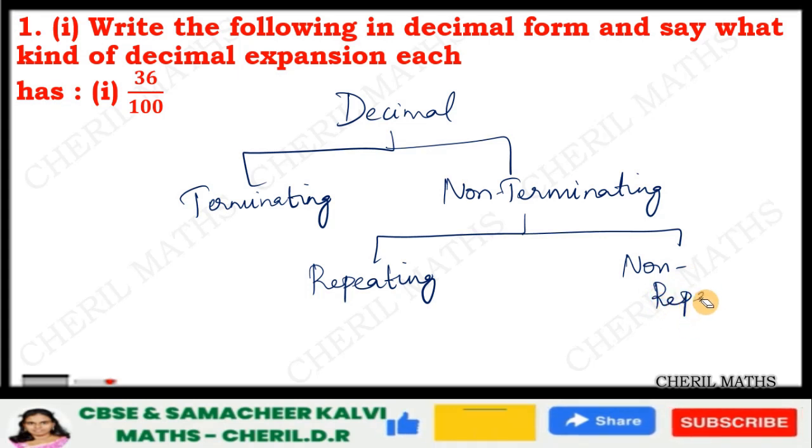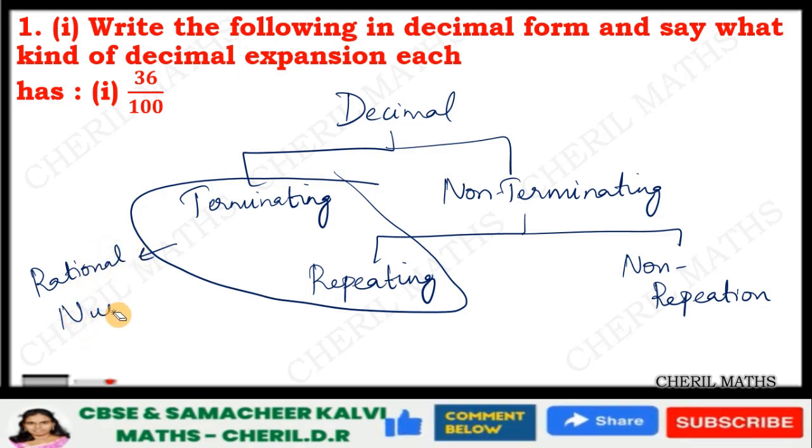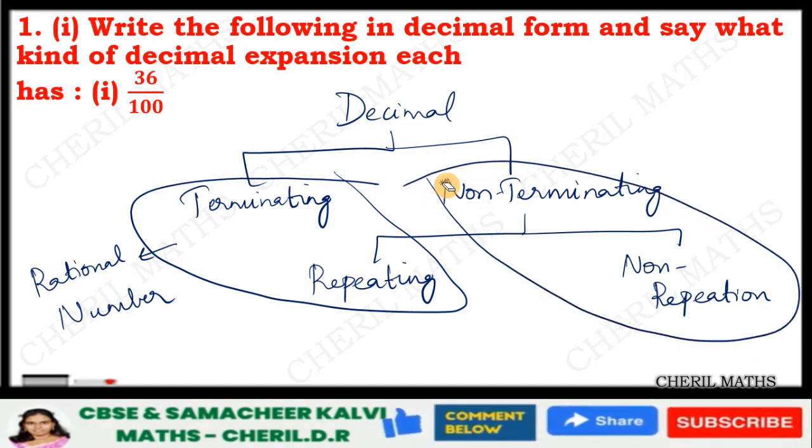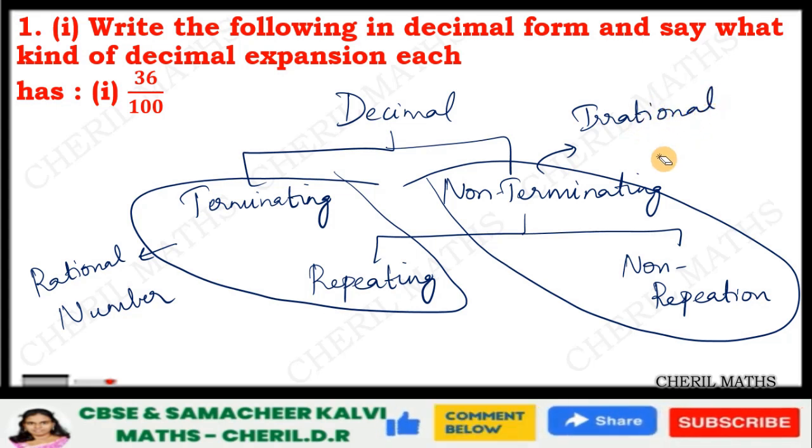When you have the cases terminating or non-terminating repeating, it is called a rational number. For the case non-terminating non-repeating, you can call it an irrational number. Is it clear, children? Yes.